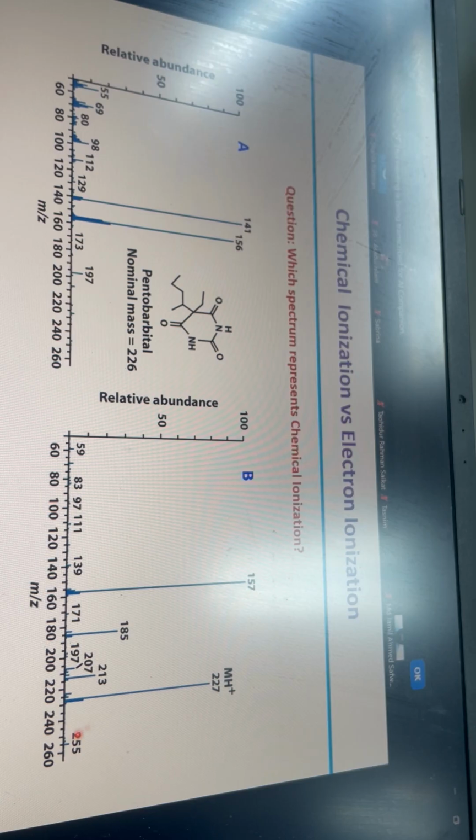But chemical ionization has a problem: you still see some adducts. Fragmentation is less, but you are seeing adducts. Then how can you remove them? Any idea? Chromatography? Chromatography will separate your molecules, but we are talking about the ion source.